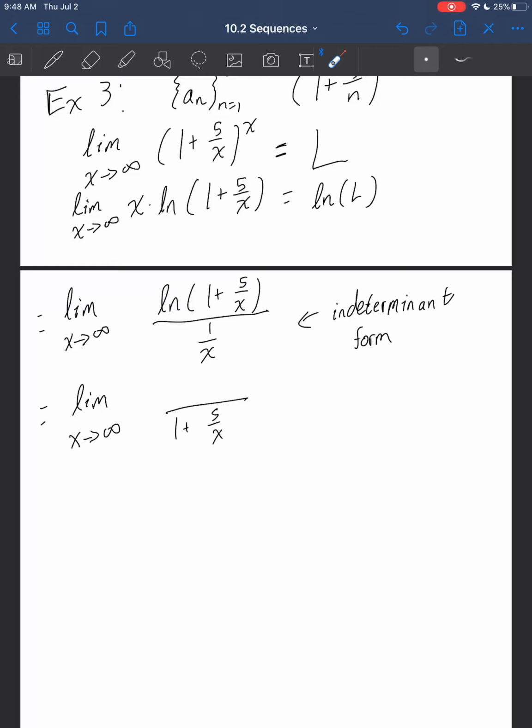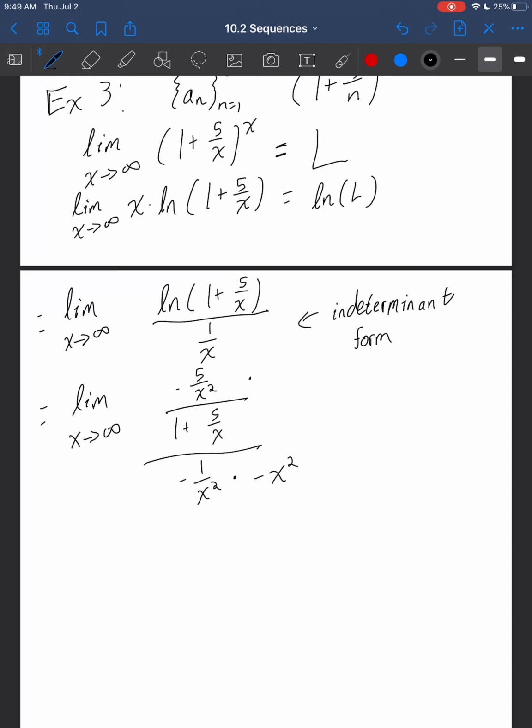We're just left with this 5 over x right here. Taking the derivative of that will leave me with a negative 5 over x squared. And on the bottom, similar to the other one, we have a negative 1 over x squared. All right, well, let's do some multiplying. Try to simplify this out, get it to just one fraction instead of the 4 or 5 fractions we have right now.